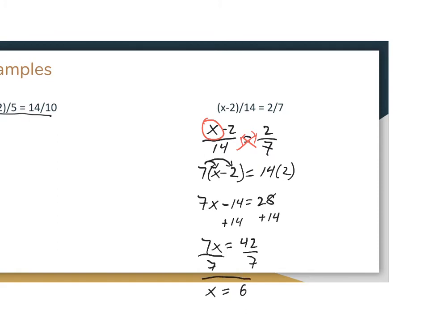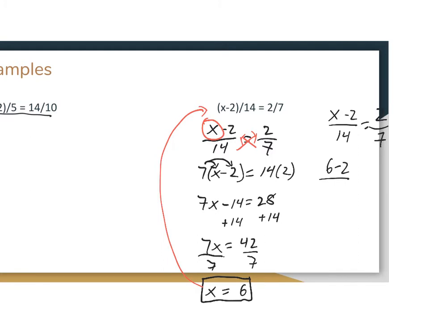And again, we can check our answer by plugging our x value into our original equation. So we have x minus 2 over 14 is equal to 2 over 7. 6 minus 2 over 14 is equal to 2 over 7. 4 over 14 is equal to 2 over 7.